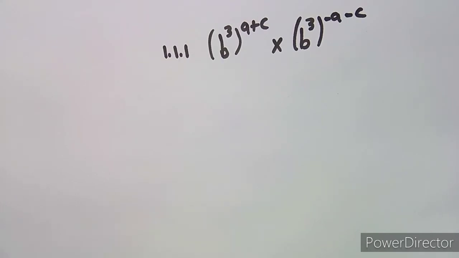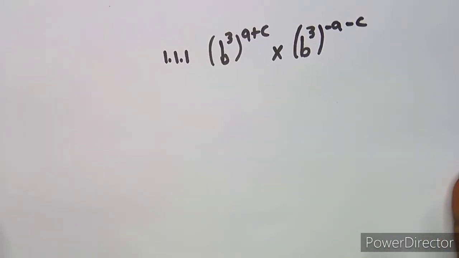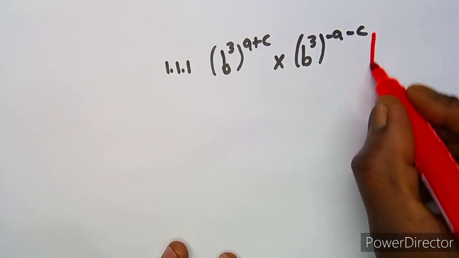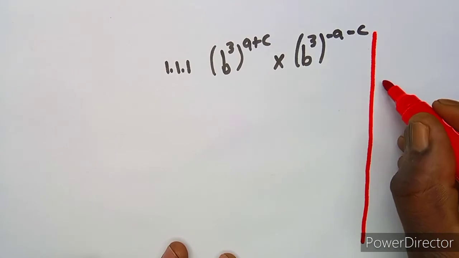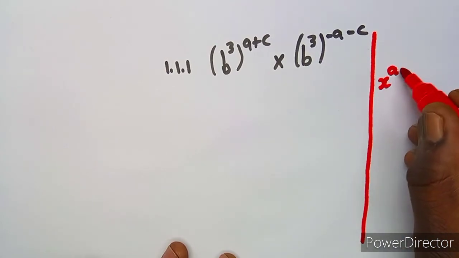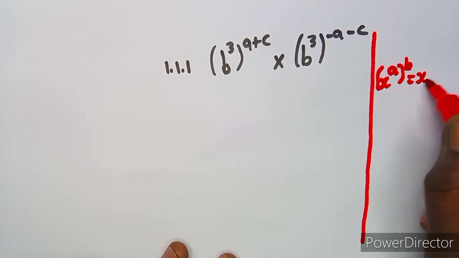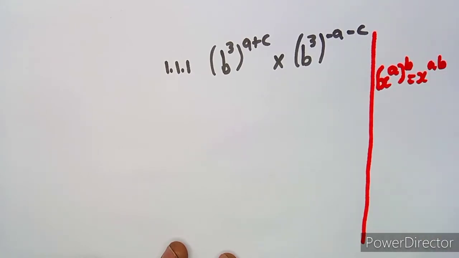All right, so how can I simplify this? I have been talking about this law. If you have been watching our classes previously, I managed to talk about this concept where, whenever you have an exponent like this and another exponent, you're going to multiply the exponents.